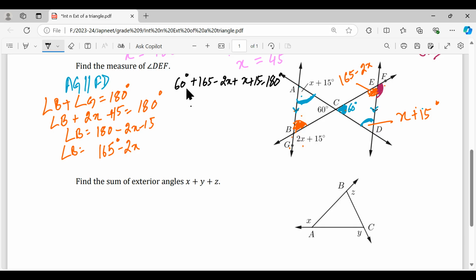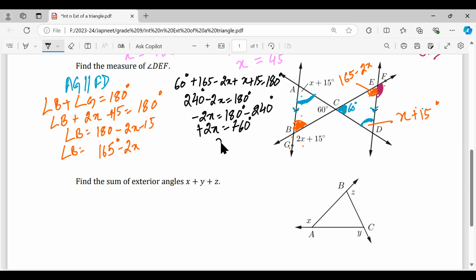we can solve it further. So you have here 60 plus 165 plus 15, you will get 240 minus x equals 180 degrees. So minus x equals 180 degrees minus 240 degrees, and hence you get minus x equals minus 60 degrees.